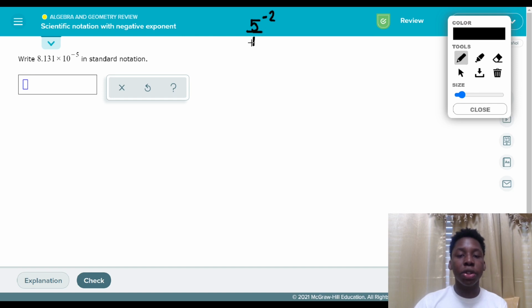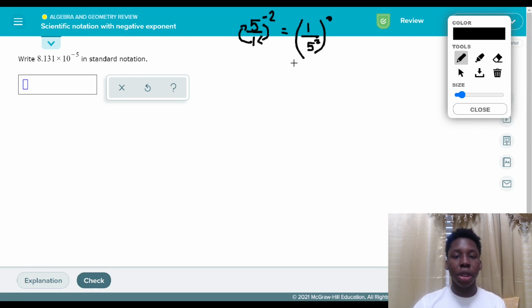And reciprocal means we take whatever is at the bottom and put it at the top, and whatever is at the top we put at the bottom. So this will be equal to 1 over 5, and then we can now remove the minus. So this is 1 over 5 to the power 2. Basically that's what it means. We're just finding the reciprocals.